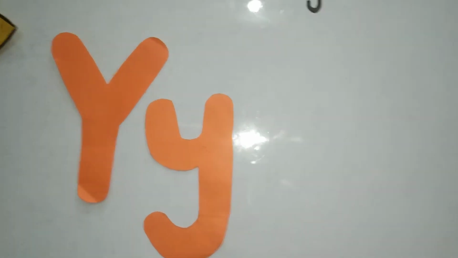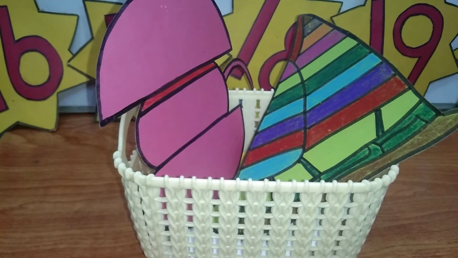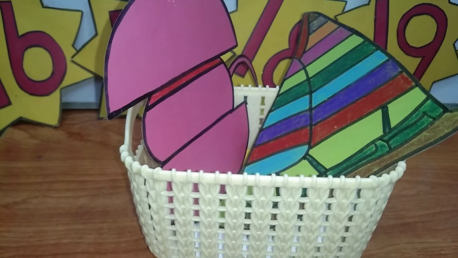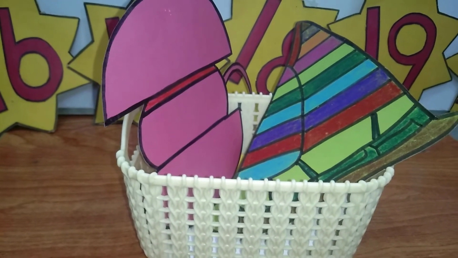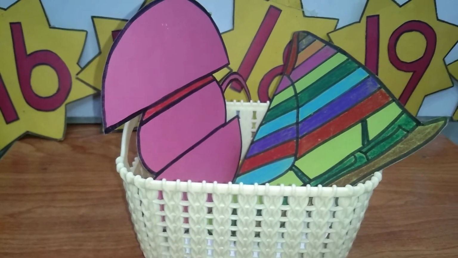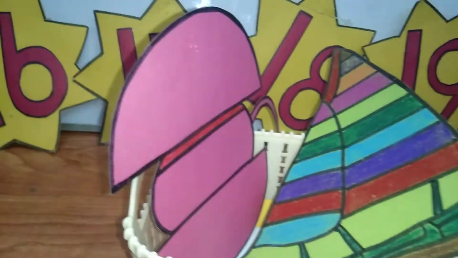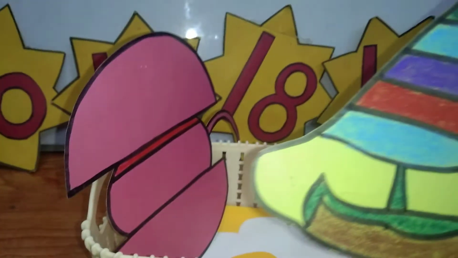Y says ya. Okay, dear class, I'm having something for you. It's a magic basket and I have some pictures in it. You have to recognize those pictures. Okay, class, tell me, what is this?